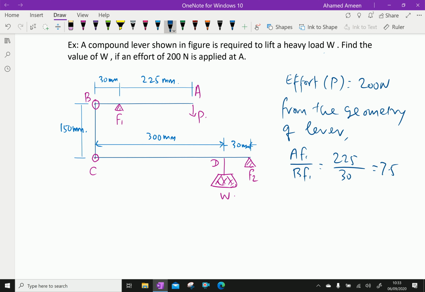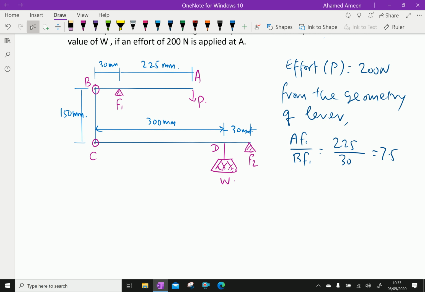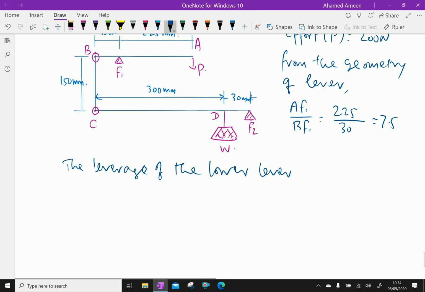Now the leverage of the lower lever CF2.